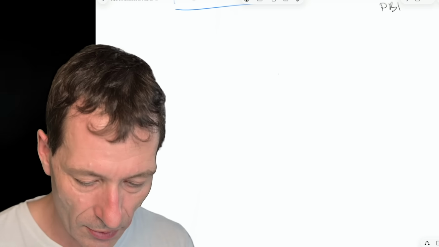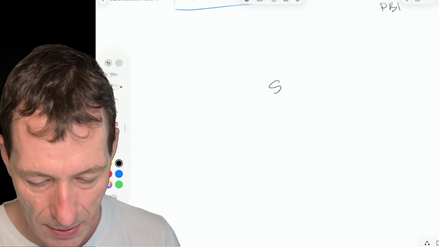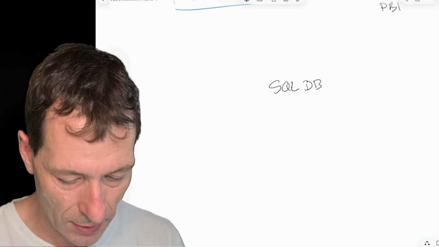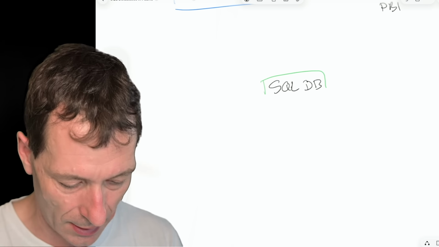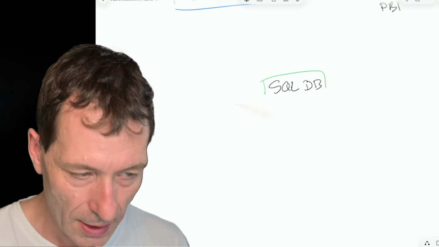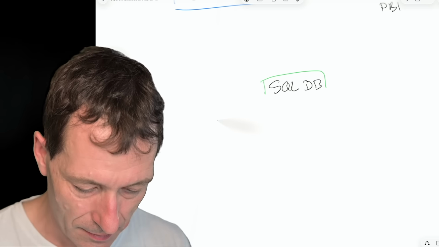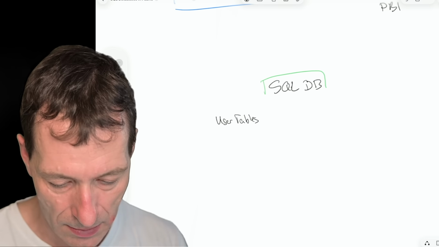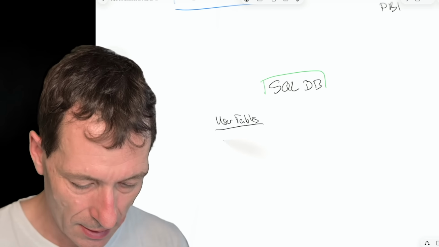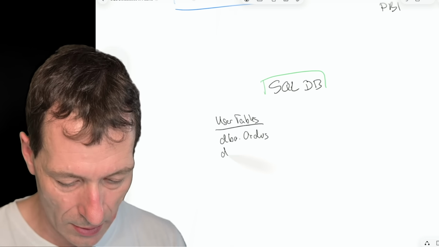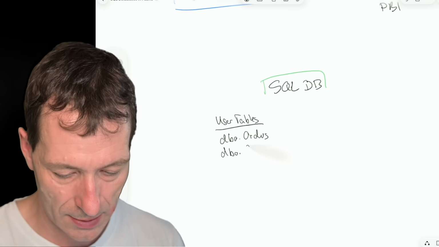So you have your Fabric SQL DB. Let's give it a green hat again, so you know this is Fabric and I don't need to write it all the time. You have tables, user tables. There are system tables too. User tables like dbo.orders or like dbo.customers.